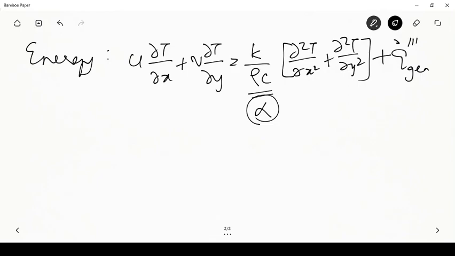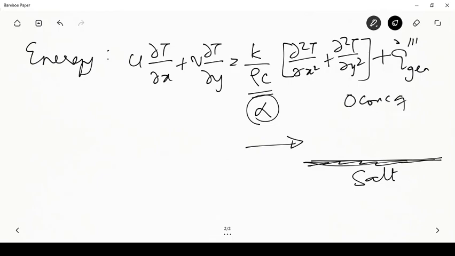In the same fashion, if I have a multi-component system, for example, suppose I have a plate which is actually a slab of salt, and you have water that is flowing on top of it. Far away from the slab, the water has zero concentration of salt, and at the surface the salt concentration would be determined by the solubility of the salt in water.